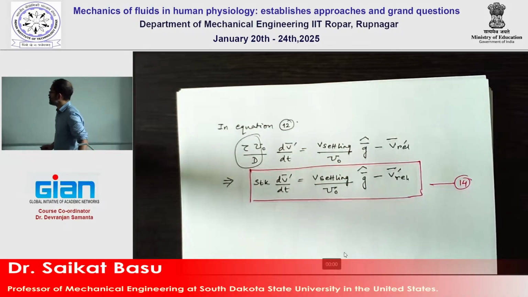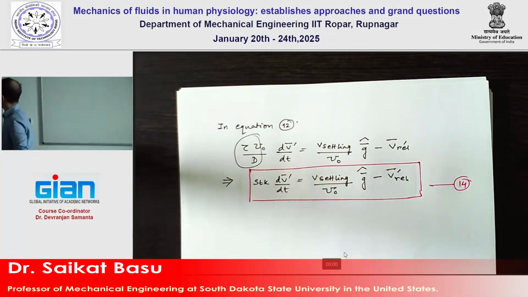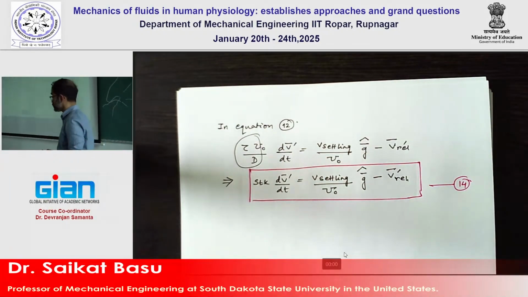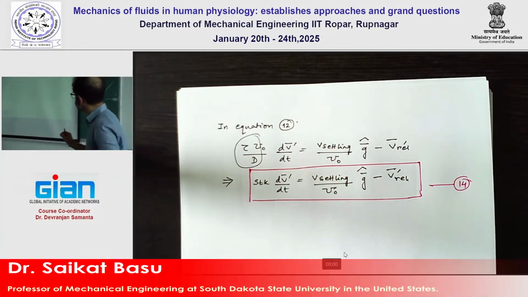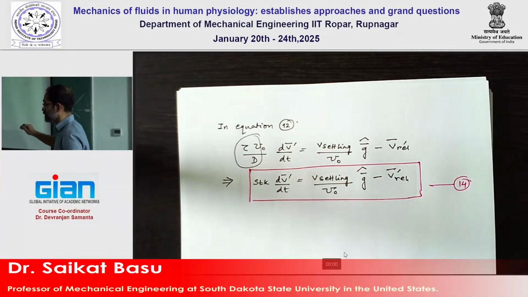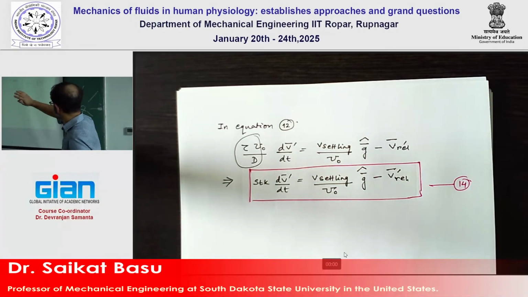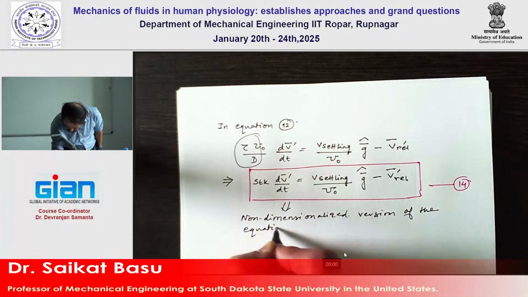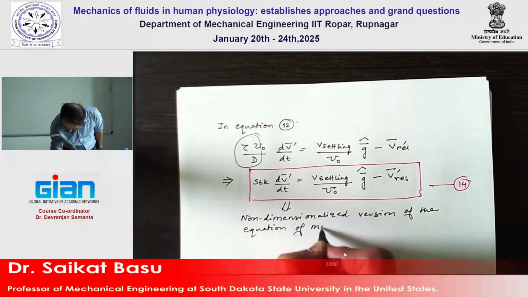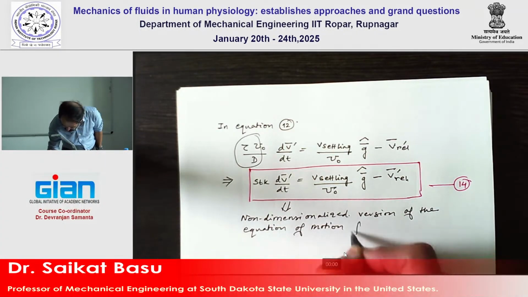So this is finally the non-dimensionalized version of the equation of motion of spherical particles moving through a fluid. We have considered all the terms. We have not left out the g term, the v relative, the inertial term is still there, and we have everything else that we need in the motion for a spherical particle.